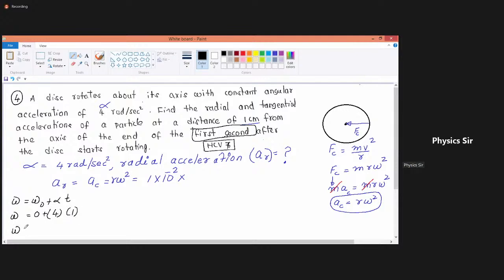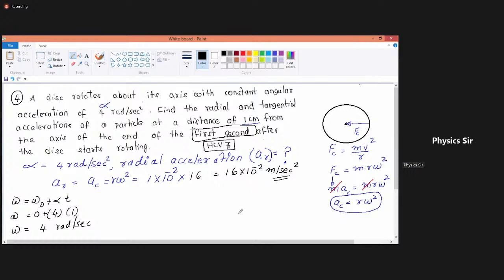So this omega becomes 4 radian per second. So omega square will be 16. So this will be 16 into 10 to the power minus 2 meter per second square.